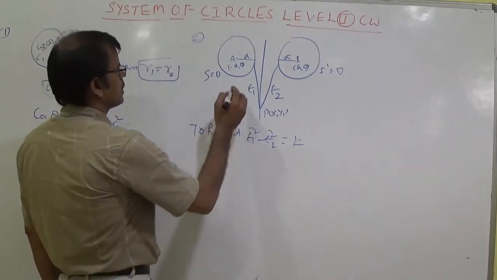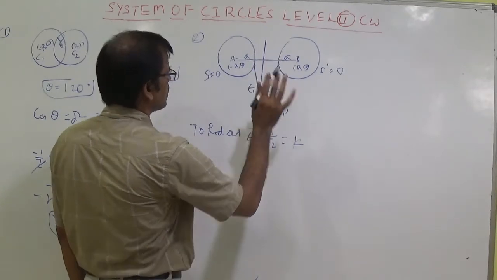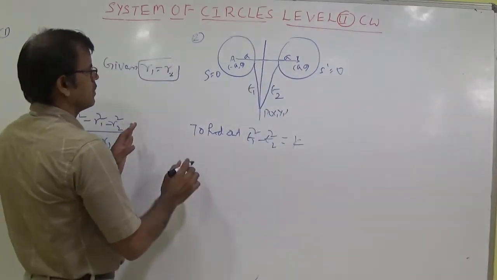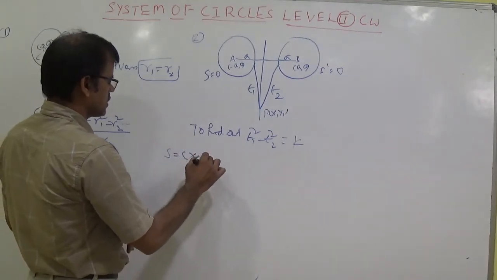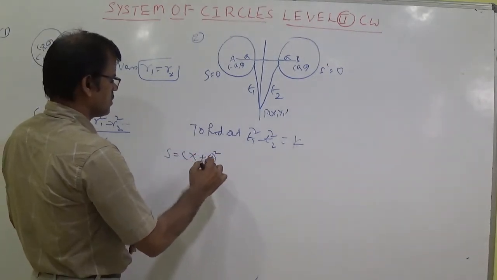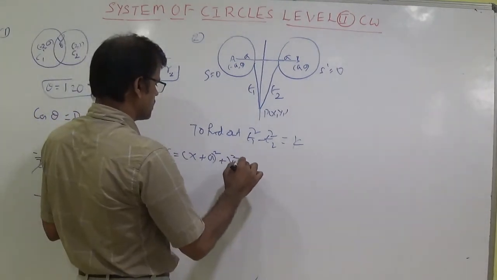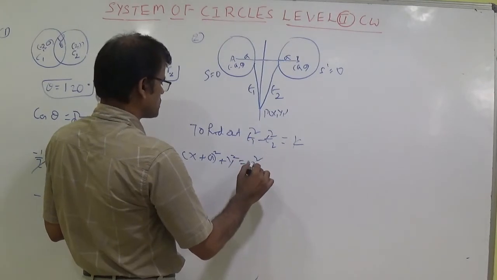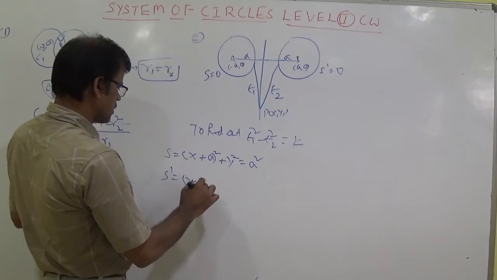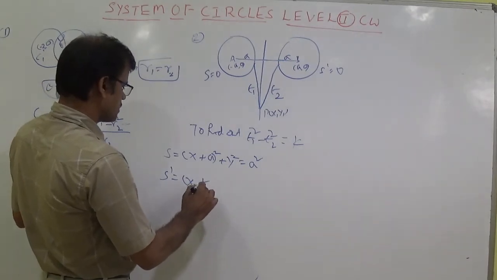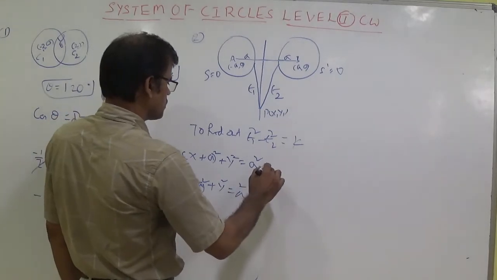So here (-a, 0), and here (a, 0), maybe this is (0, 0) like this. Now let us discuss the circle S = 0. Let us write the equation of a circle with center (-a, 0): (x + a)² + y² = a². And S', we can understand here, (x - a)² + y² = a².